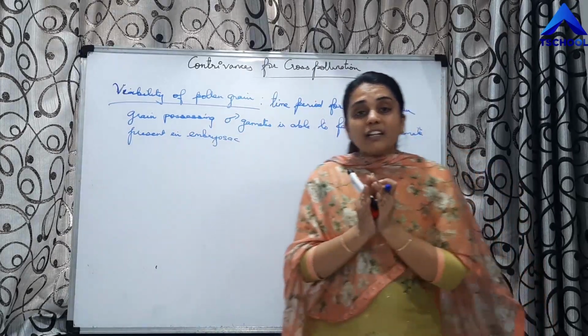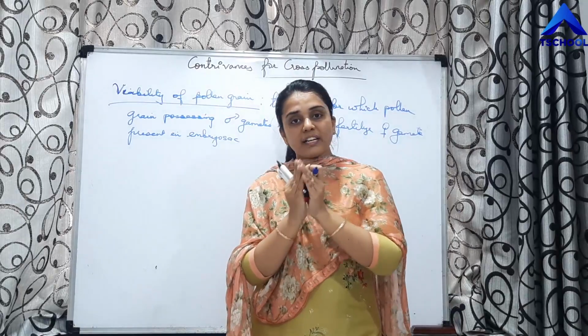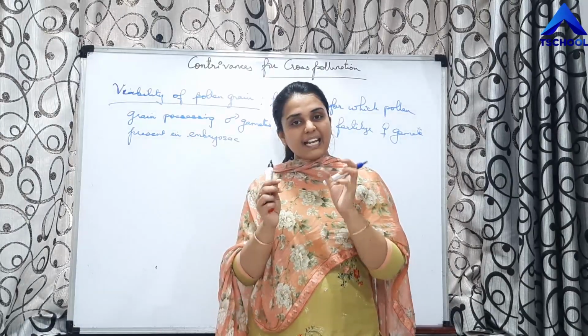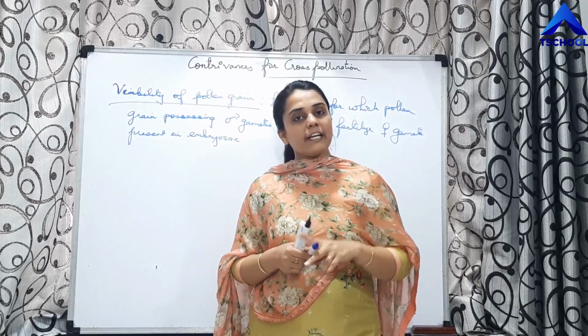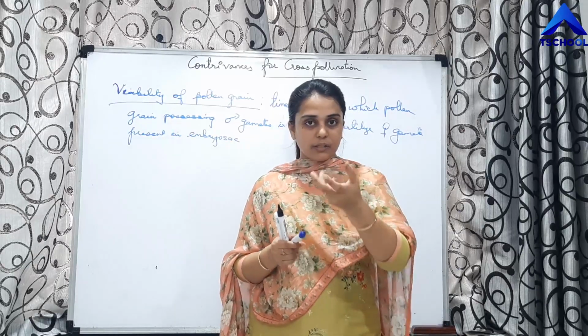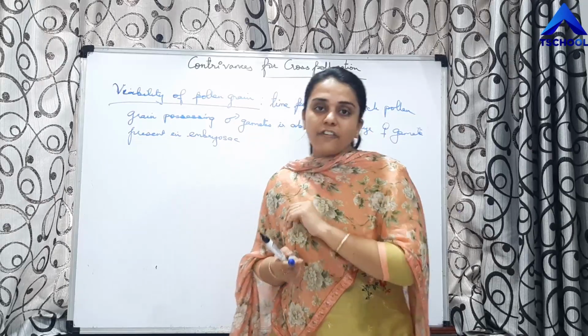Right? So if that viability of the pollen grain is lost, which means that time period is lost, there is more time required, then that pollen grain will not be able to germinate or the male gamete will not be able to fertilize.